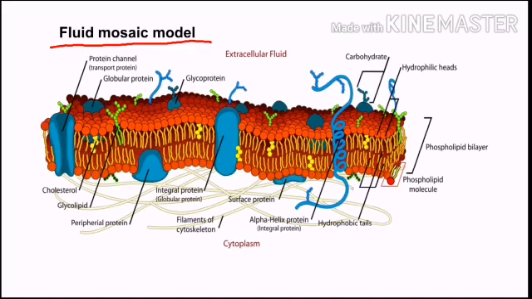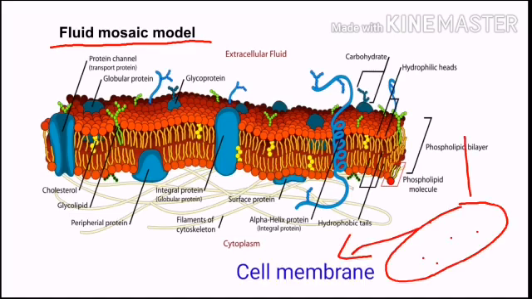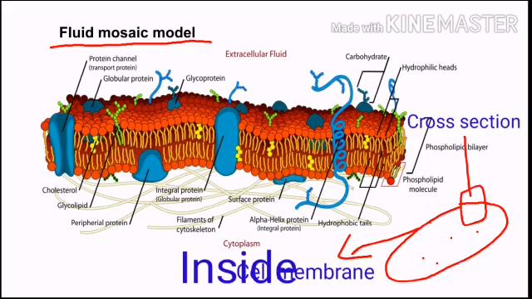Suppose this is a cell right over here and this is its membrane. It's what keeps the inside of the cell separated from whatever is outside the cell. We are looking at a cross section of its surface. So down here is inside the cell and this is outside.